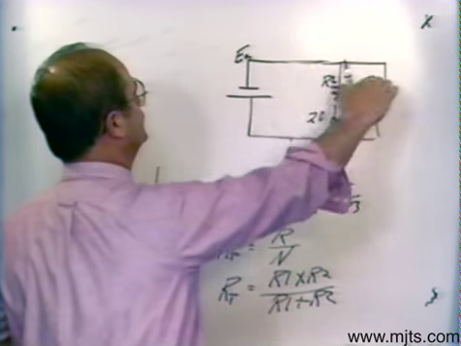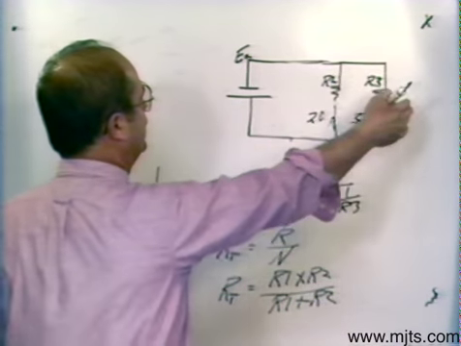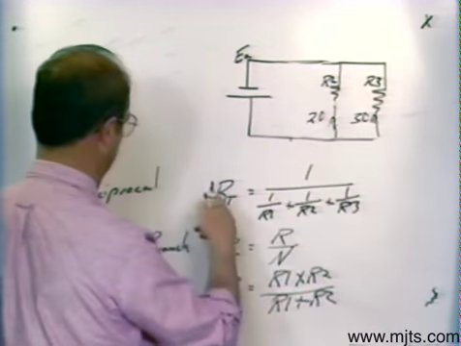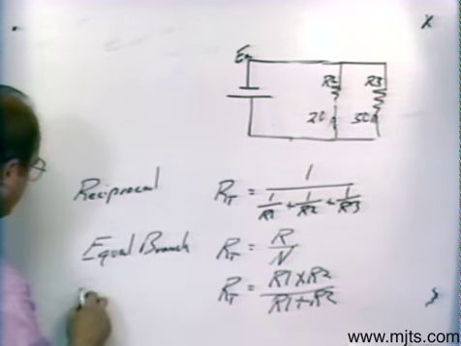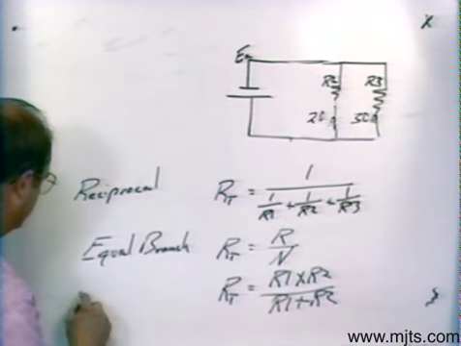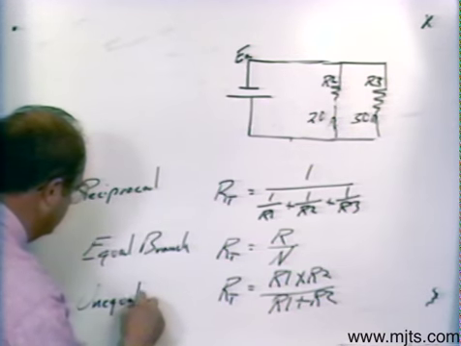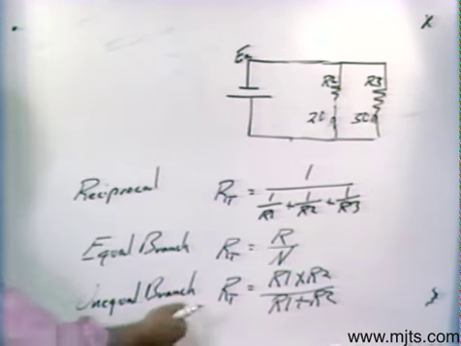And of course the voltage is the same across all its parts. The current is additive. The resistance, you use the reciprocal method, or any one of these three. This particular formula is what we call the unequal branch. Those are the three formulas.